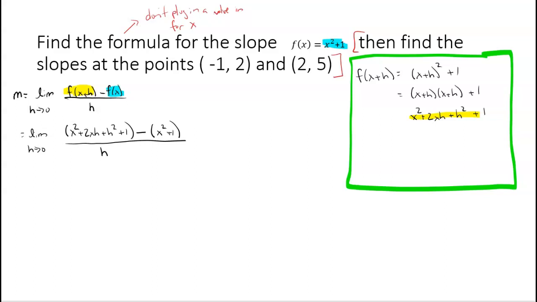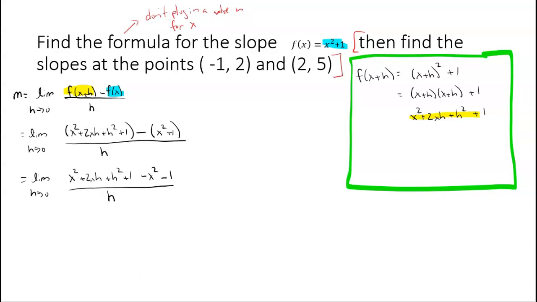So this is why we need parentheses, because notice on this example, there is a subtraction sign in between a binomial and the polynomial. So I'm going to need to write a second step. I can't just eliminate my parentheses. I have to distribute. So the x squared becomes negative, and so does the 1.